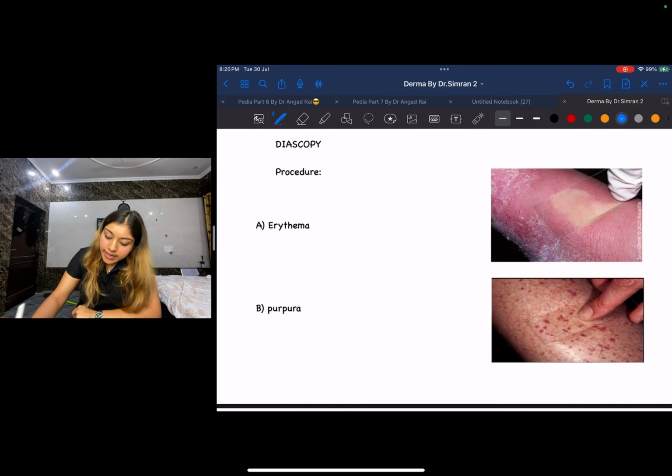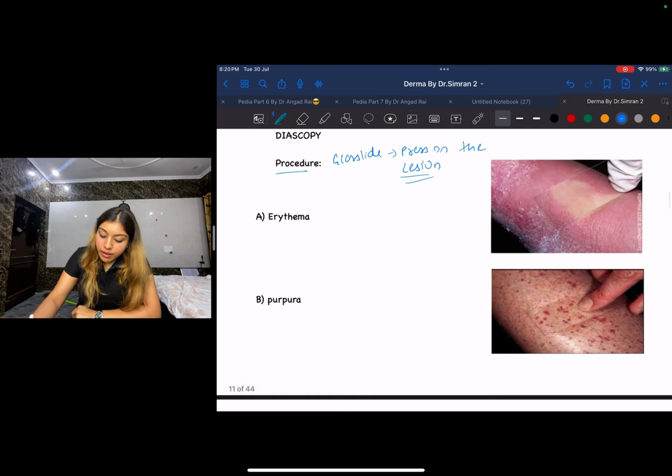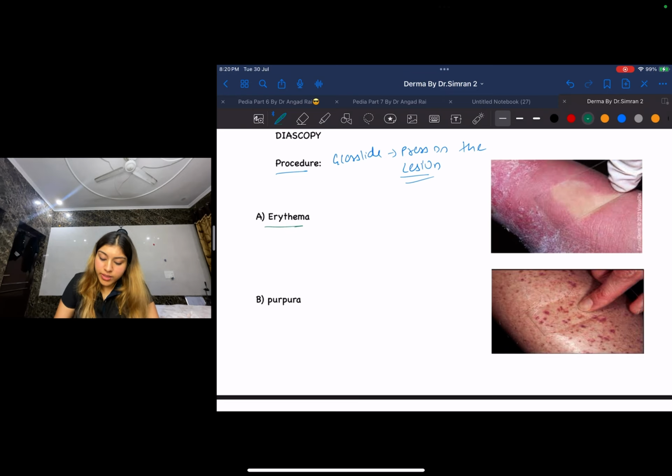Let us write this down. So what is the procedure? Procedure is I will take a glass slide and I will press on the lesion. In a patient with erythema, when I do the procedure, what is the response?